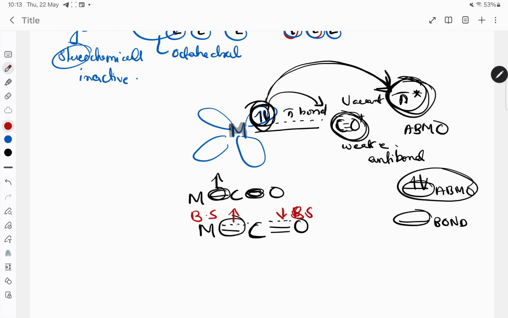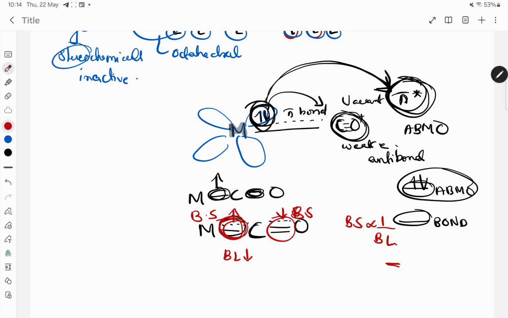Bond strength is inversely proportional to bond length: the stronger the bond, the shorter it is. So the metal-carbon bond length decreases.